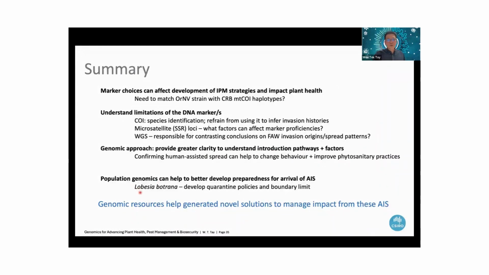Finally, for Lobesia botrana, this is an example of how we can use the whole genome data to better understand the population movements and how likely they are to move, and then to use it to potentially develop future quarantine policies and set boundary limits.